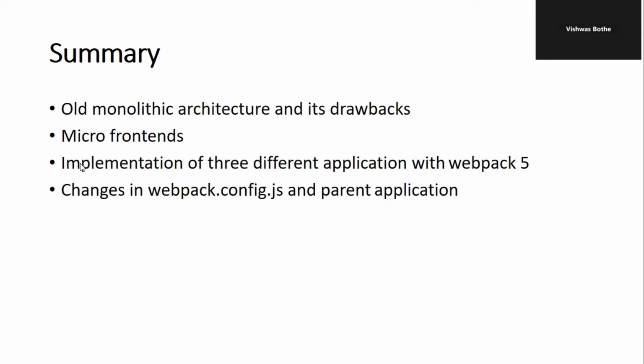Once that was done, we talked about the actual implementation of micro front ends with three different applications with the Webpack 5 module federation plugin, where we created two remote applications and one host application, and through our remote applications we exported a few components and used those components in our host application.